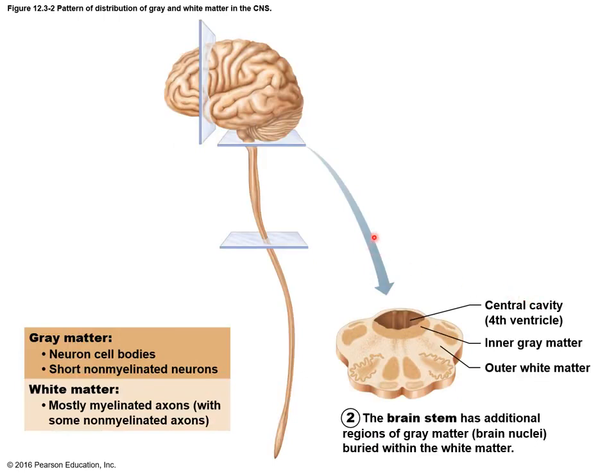If you move up to the brain stem, that connection between the spinal cord and the brain, you still have the white and the gray matter. There's a central cavity here. The distribution of the white and the gray matter is starting to change.